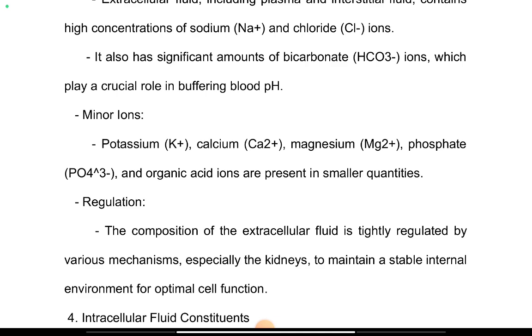Bicarbonate is involved in monitoring body pH, so since the kidney is responsible for electrolytes, we can say it is also responsible for acid-base balance. The acid-base balance and electrolyte functions of the kidney will be explained in subsequent videos on renal function, but that is beyond the scope of this discussion.